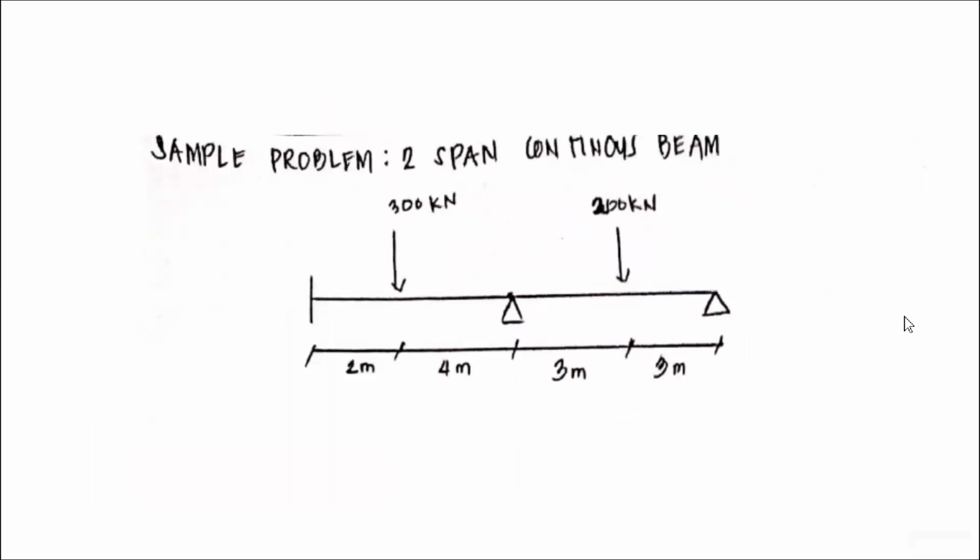So, sample problem, two-span continuous beam. So meron tayo dito dalawang loads which are 300 kN and 200 kN.